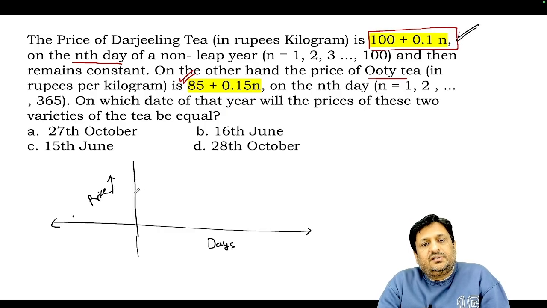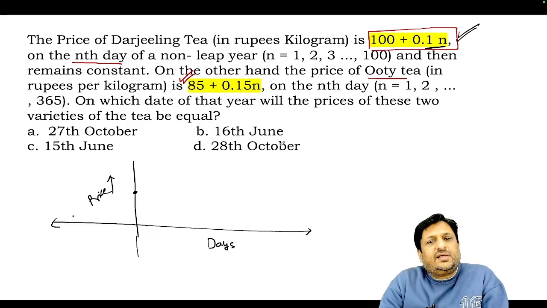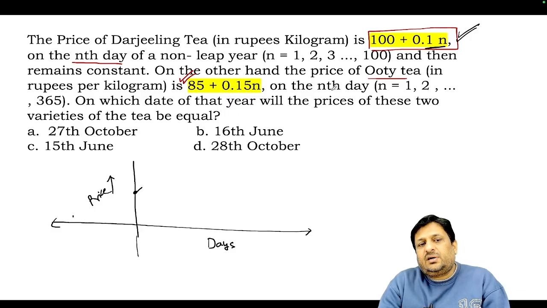It starts with 100. When n is 1, the price is 100.1. So on 1st January, the price was 100.1. Then on 2nd January, it becomes 100.2 and so on.